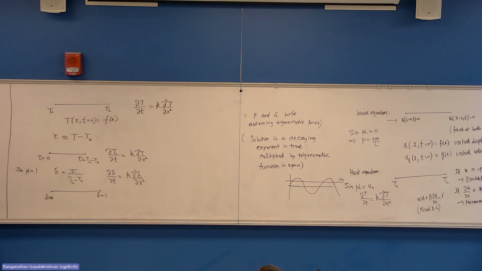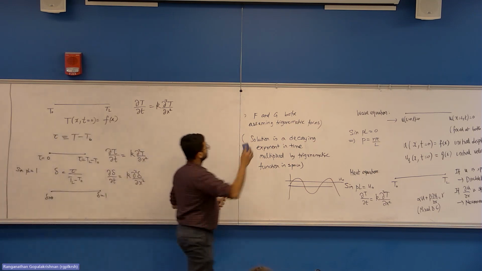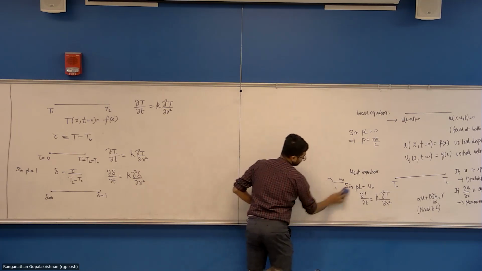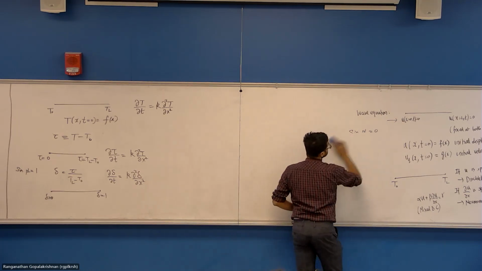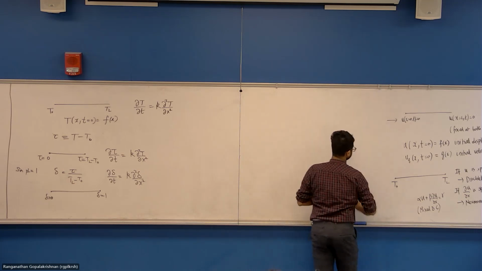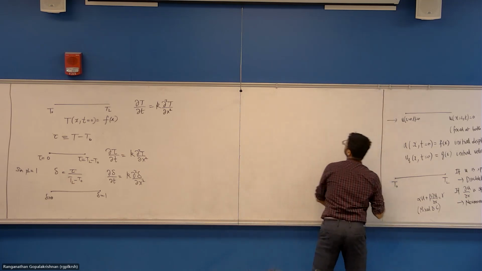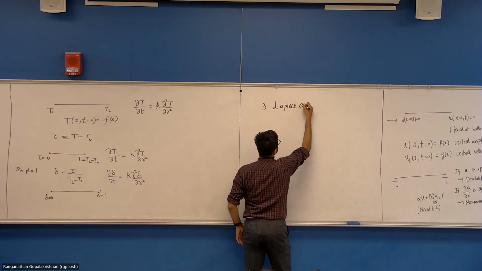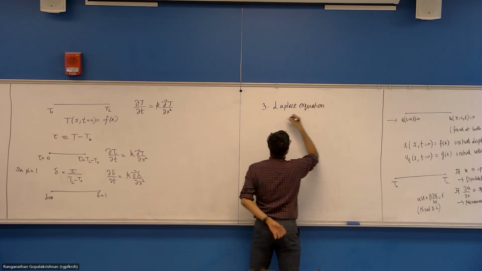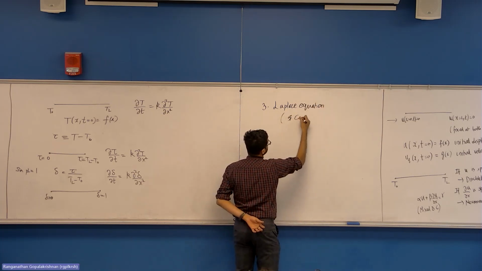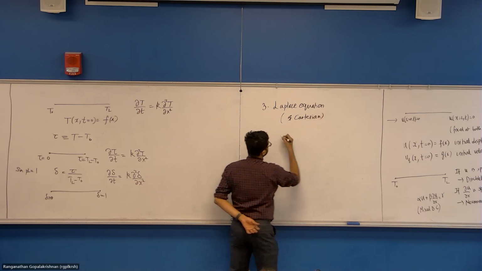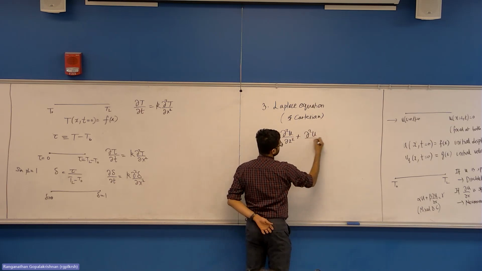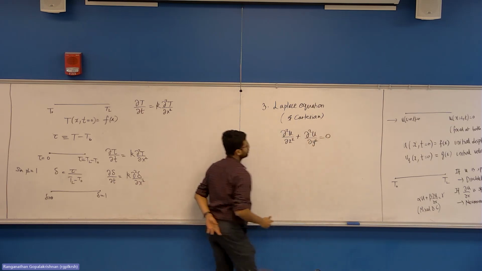All right. So then I want to start with the next type of differential equation. The third in our list is Laplace equation. And we'll stick with the Cartesian coordinate system for now. So the second partial derivative with respect to x, plus the second derivative with respect to y, equal to 0.